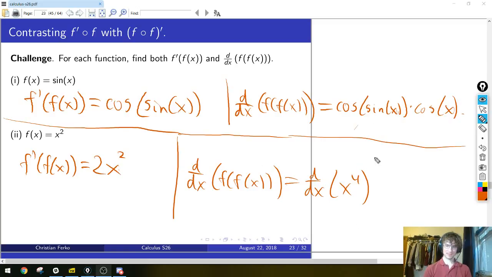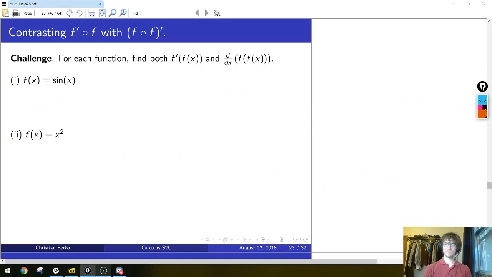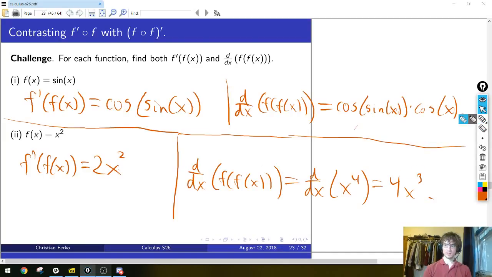Yeah. And what's this bad boy? I believe that is simply 4x to the power of 3. Good. Okay, so again they disagree, which is what we'd expect. f prime of f of x is not the same as the derivative of f of x. Good, good.